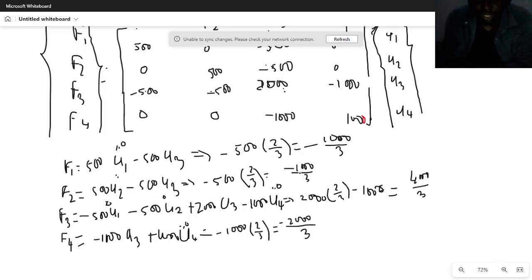Okay, what I was trying to say, since it's recording, if you have these three forces here, minus 1000, minus 1000, minus 1000, it's going to give you, oh, let me refresh.